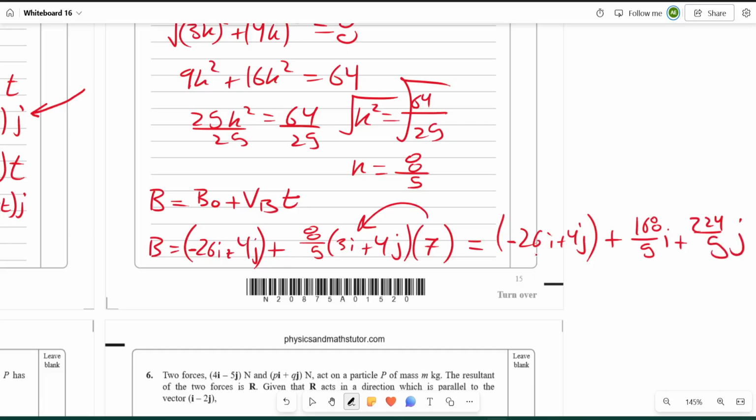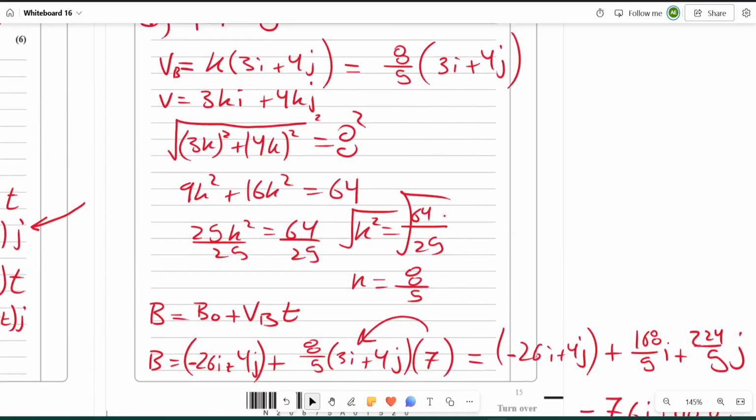Adding these two together is going to give me a position of B of negative 26 plus 168 over 5. That is exactly 7.6I plus 4 plus 224 over 5 is going to give me 48.8J. So now this is the position of B at t equals 7.